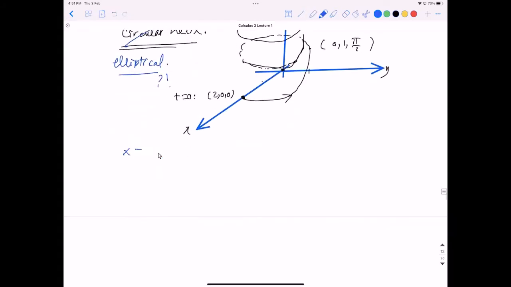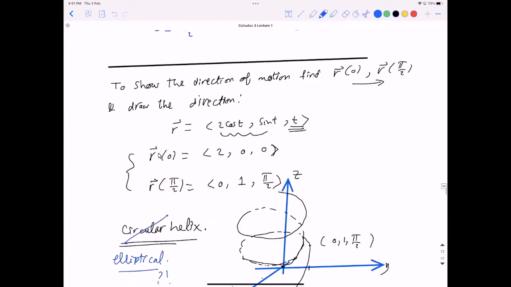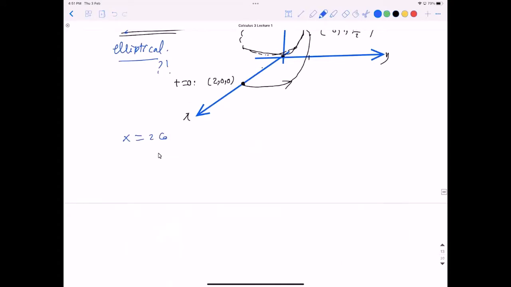Because x equals 2 cosine t, y equals sine t. The remark I mentioned in the beginning of the lecture: we need to get rid of this cosine and this sine, so we need to divide first by 2 because they are different coefficients, here 2, here 1. So x over 2 squared plus y squared equals 1. This is not a circle, it is an ellipse.